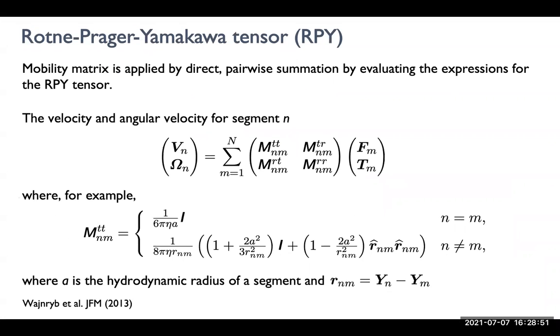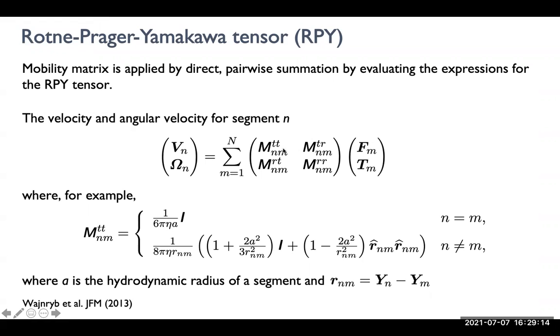Okay, and so as I had mentioned, what we're going to use for the hydrodynamics when we present our simulations is going to be this RPY tensor, which is really based on the far field hydrodynamics of spherical particles of radius a.